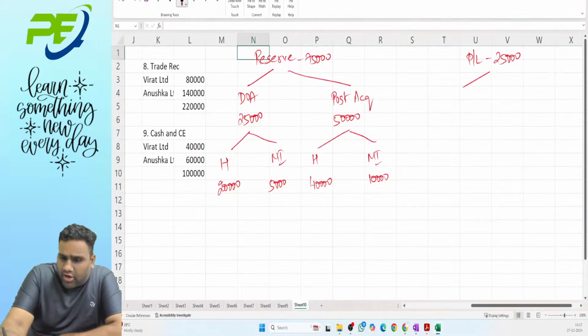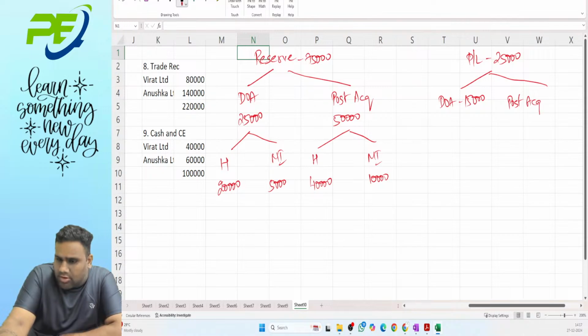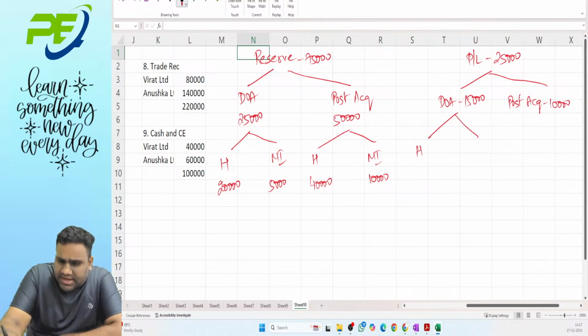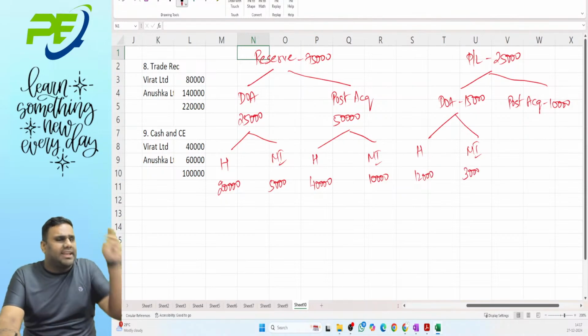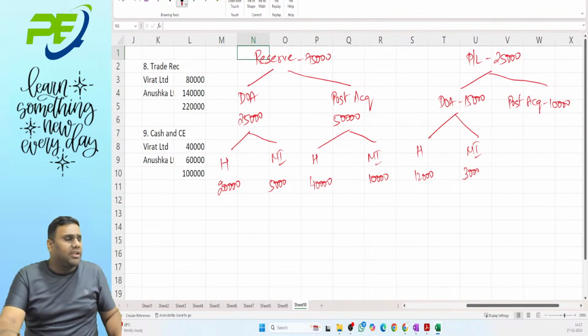So on the date of acquisition, 15,000, split between H Limited and minority interest as 12,000 and 3,000. Post acquisition, can I split? The answer is no.